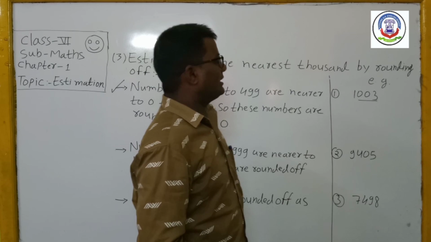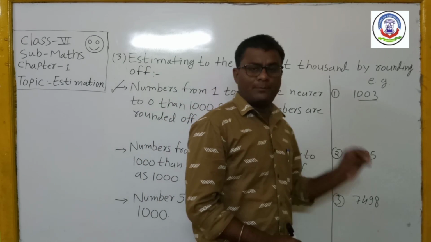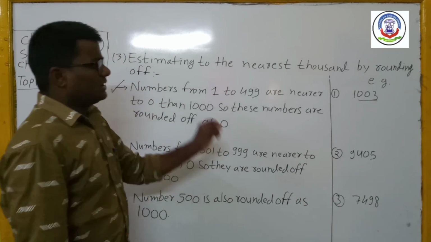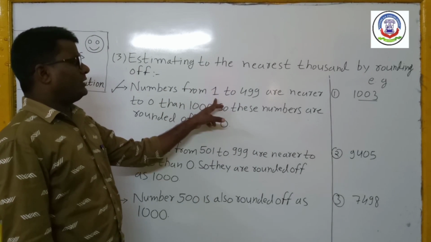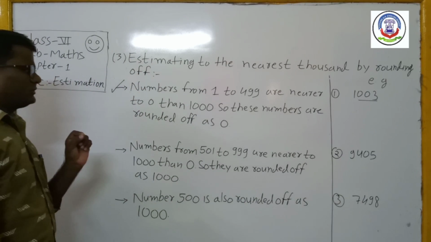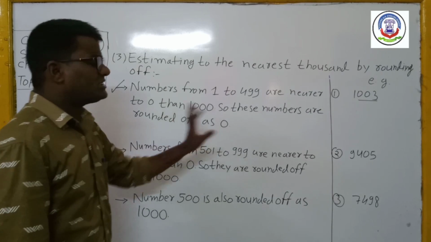Here I underline below these digits. Now the number is only 3. You see, this number 3 lies between 1 to 499, so this number will be rounded off as 0.